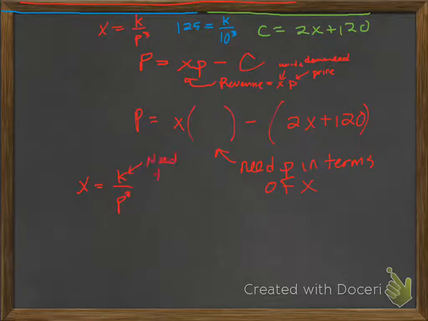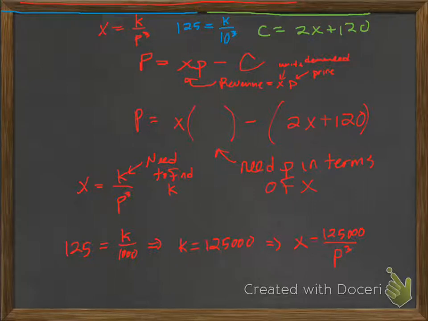If we take this thing that we have, I told you guys we need to find k in that original function. With what we had given, we were going to solve for it, and the way you solve for it is multiply both sides by the denominator, 1,000. I'm going to circle some of these things so you can see them in live mode. If I want to solve that, multiply both sides by 1,000, and you get k equals 125,000.